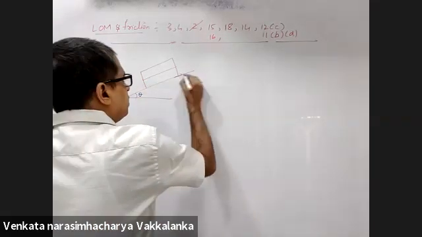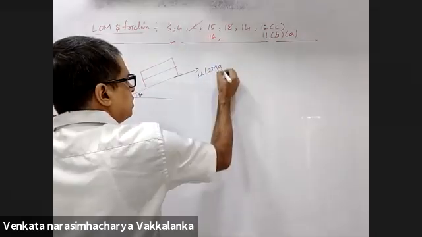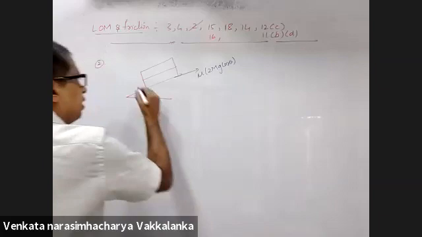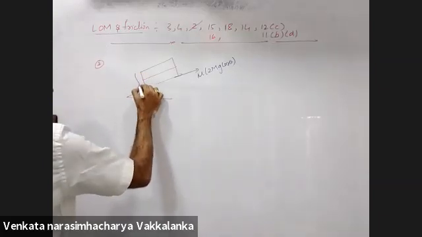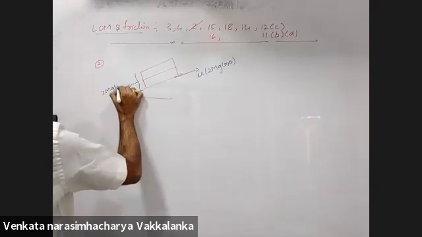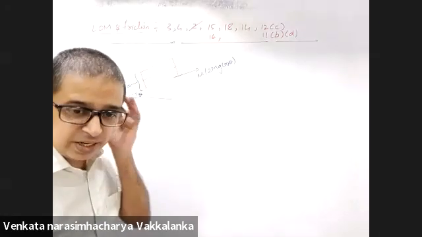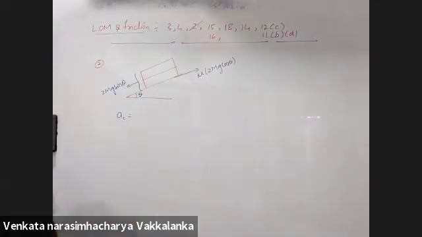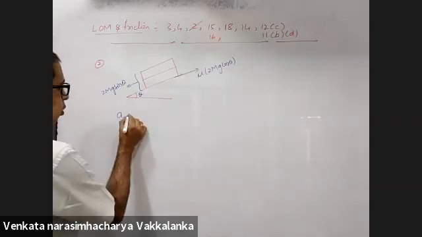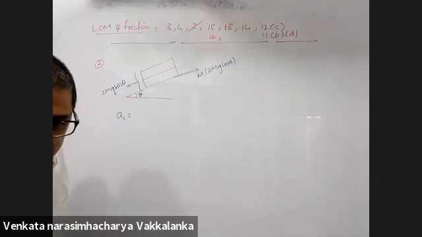Friction will be mu times 2 mg cos theta, mu N, right? And the driving force will be 2 mg sin theta. Whenever you want to decide sliding between the two, first you find out A common, yes or no? Yes, sir. So A common will be equal to this minus this.